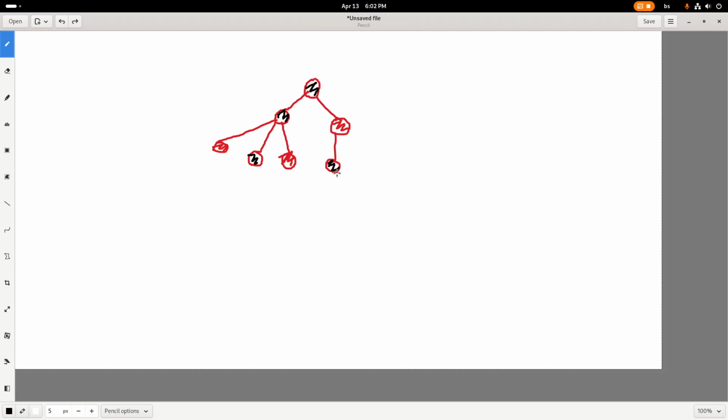Something like this maybe. Now, how do I calculate this?